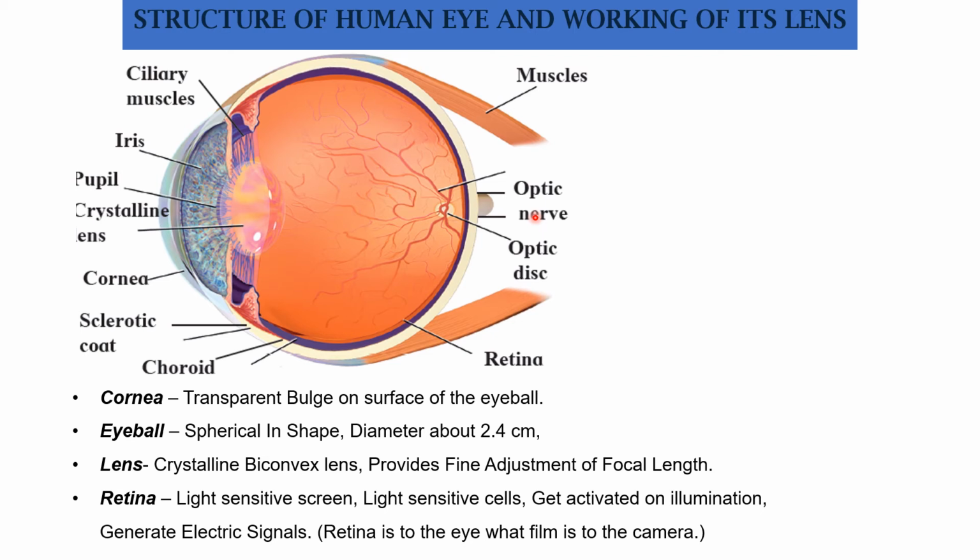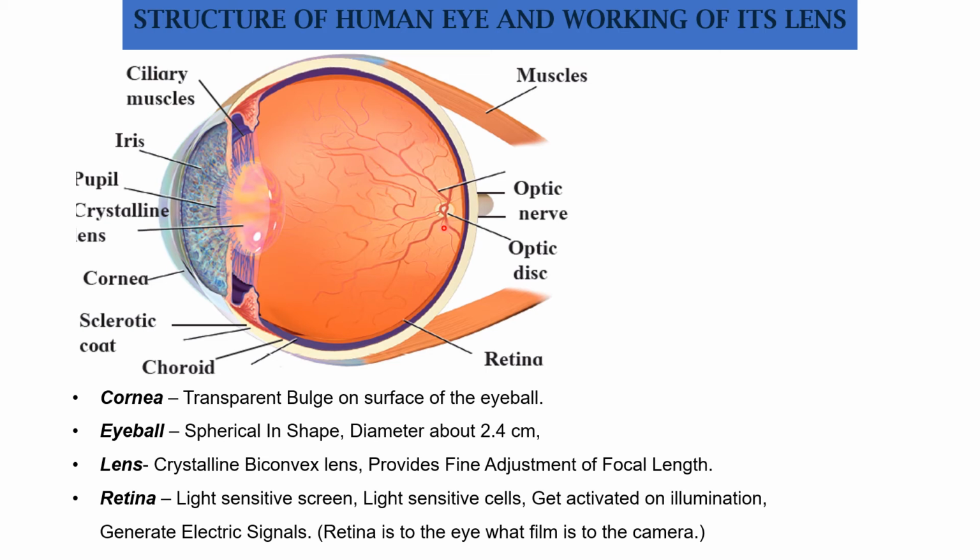Now here you can see one more labeling, optic disc. Optic disc is also called the blind spot. As there are no photoreceptors, that is light sensitive cells, present in the optic disc, there is no image detection in this area.